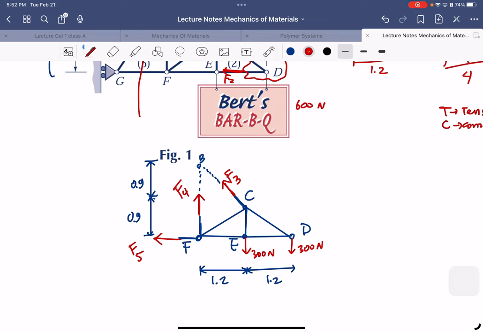If you want to use the sigma moment equal to 0, how should we choose our observation point, which part are we going to observe the moment about? F, B, or B? I give 3 options.